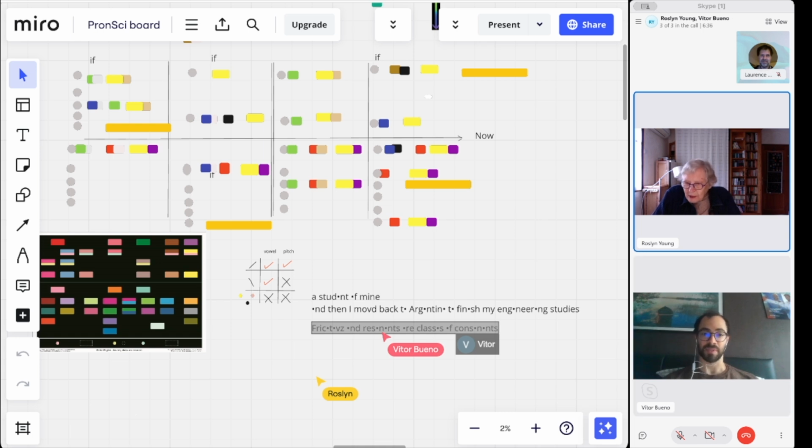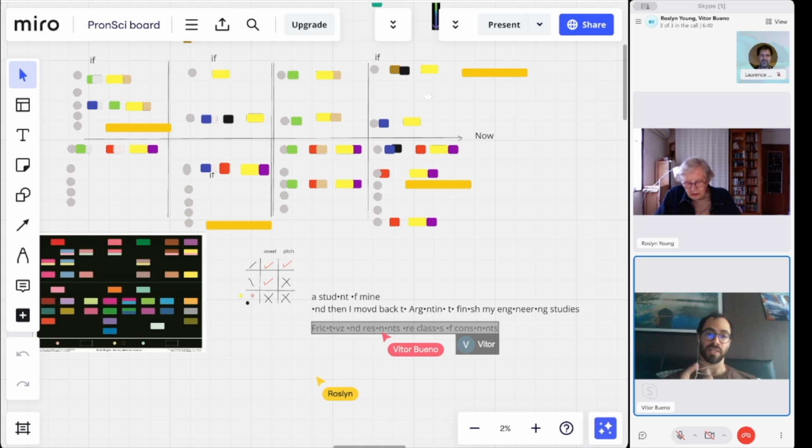So how many syllables are there in the whole sentence? Fricatives and resonance are classes of consonants. I counted 14, I think. Fricatives and resonance are classes of consonants.